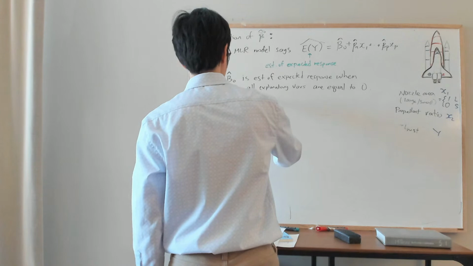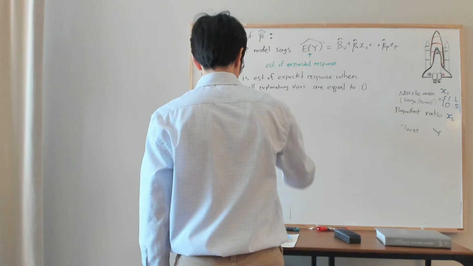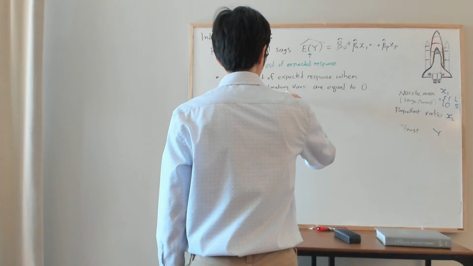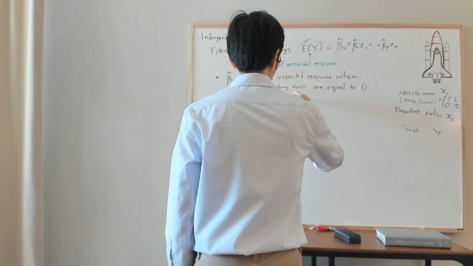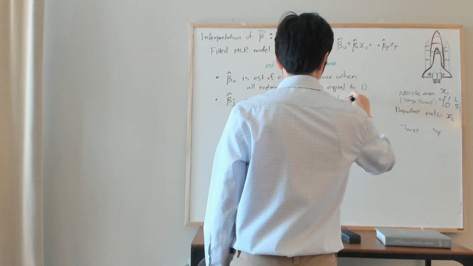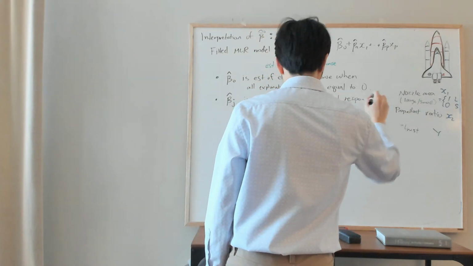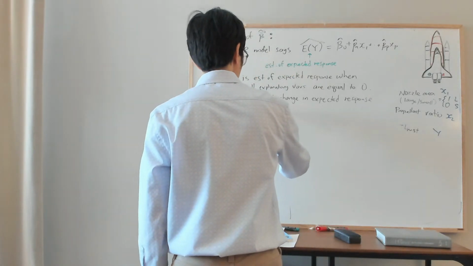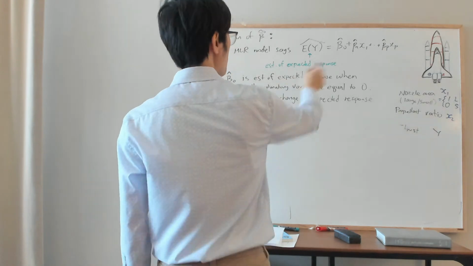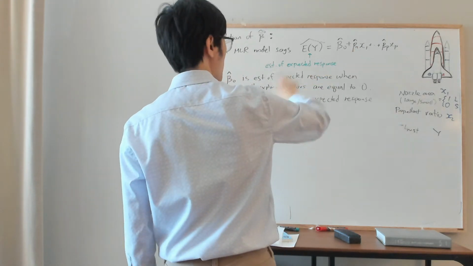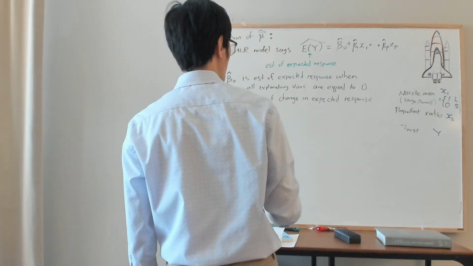Beta j hat is the estimated change in the expected response if I increase xj by 1.